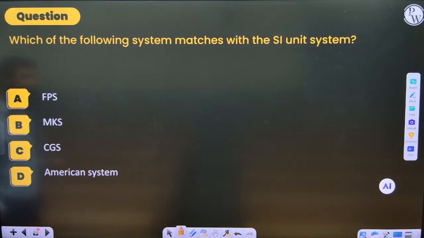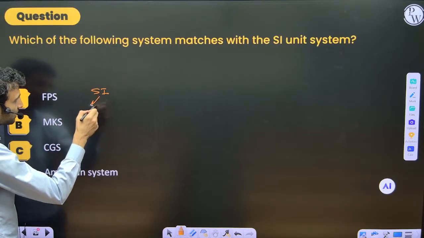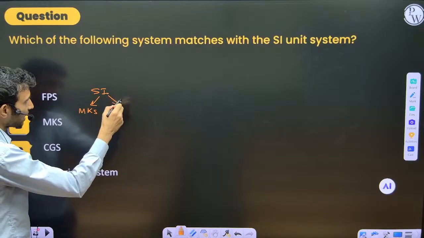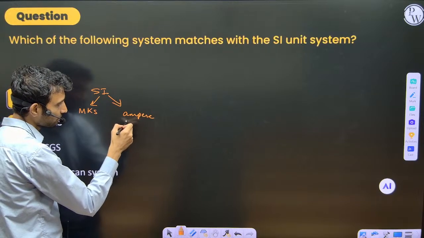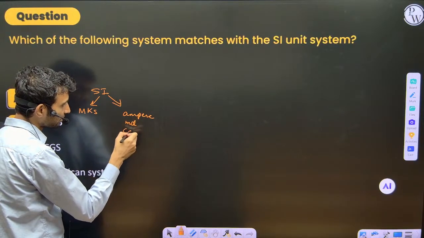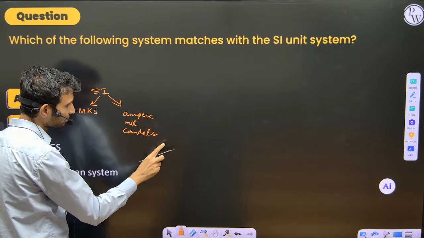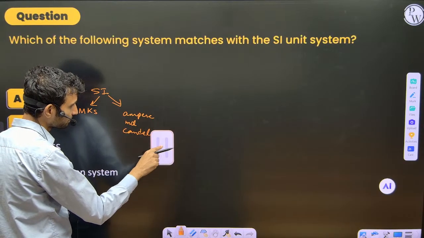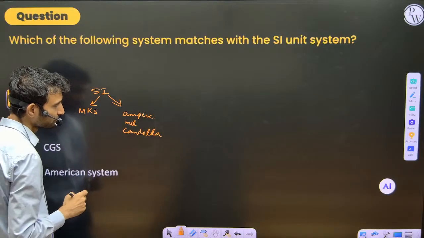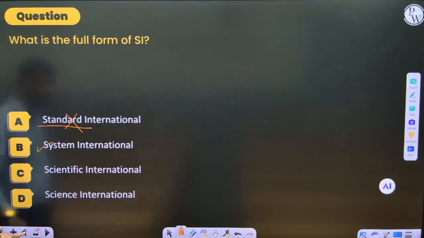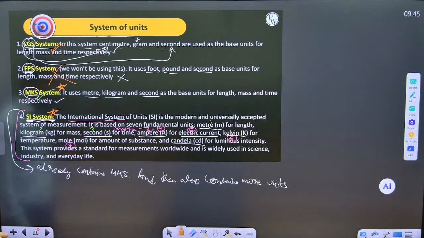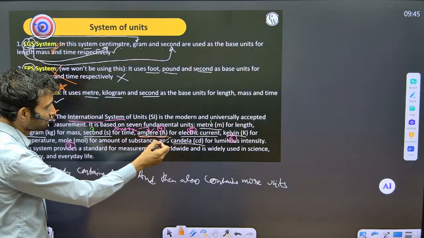Which of the following matches with the SI system unit? So which is similar to the SI system unit? I told you, SI contains MKS and it contains ampere, then mole, then candela, and one more. Which one is it? So we had seen, ampere, mole, candela, and also A for current.